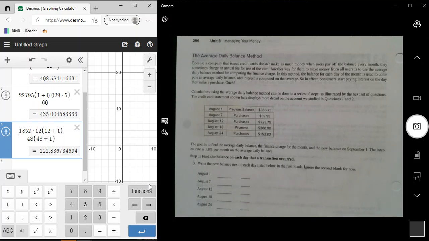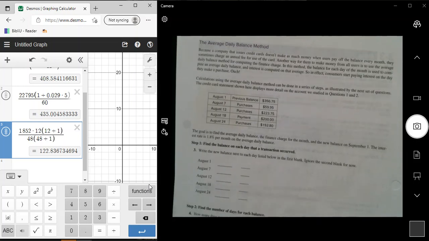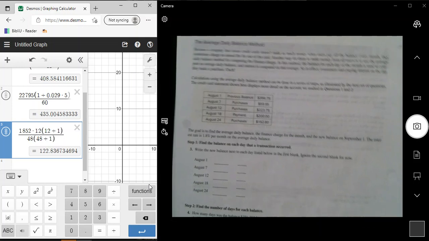Calculations using the average daily balance method can be done in a series of steps, as illustrated by the next set of questions. The credit card statement shown here displays more detail on the account we studied in questions 1 and 2. Okay, so we have previous balance, we have purchases and payments. The goal is to find the average daily balance, the finance charge for the month, and the new balance on September 1st.